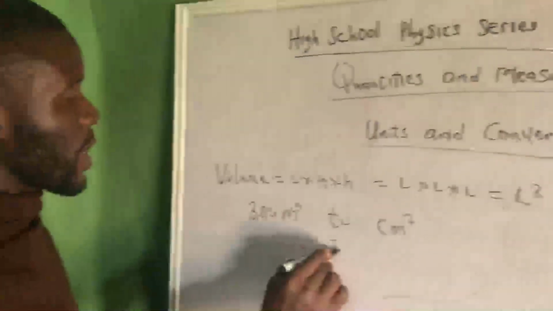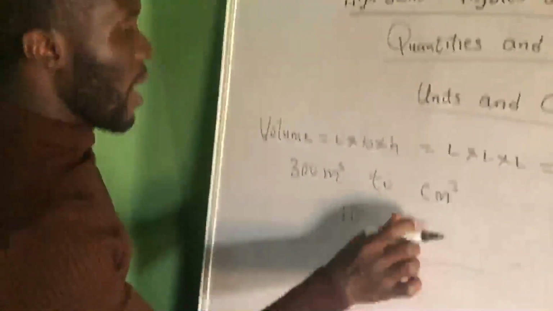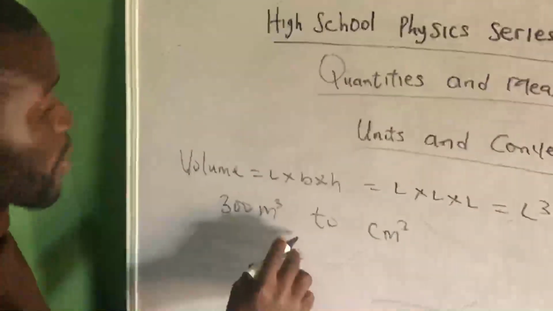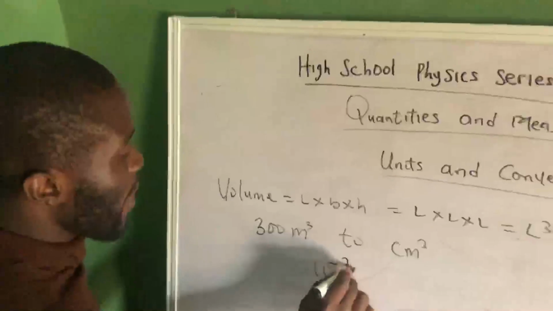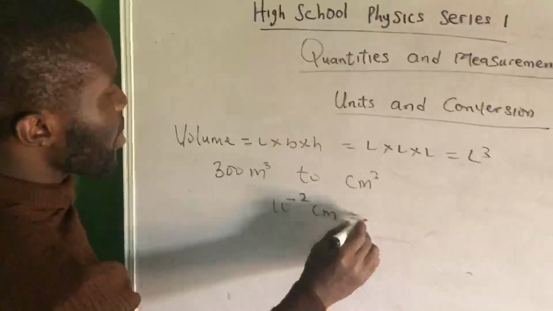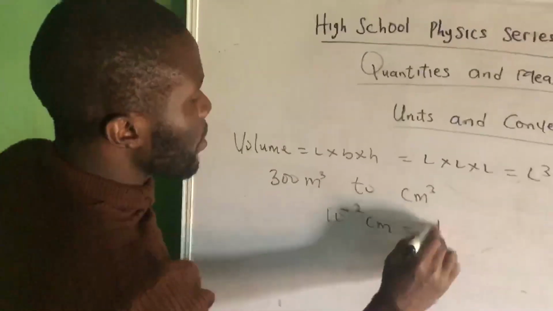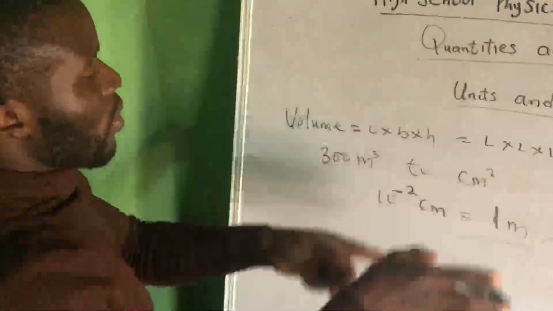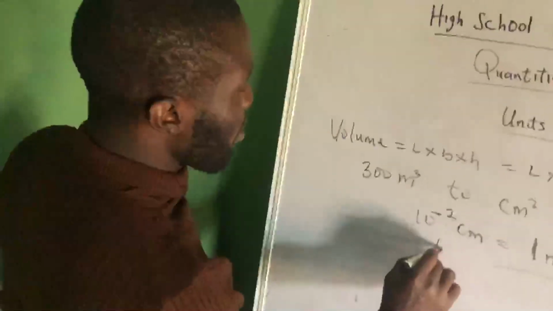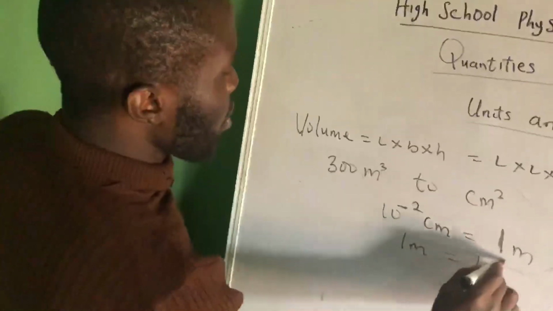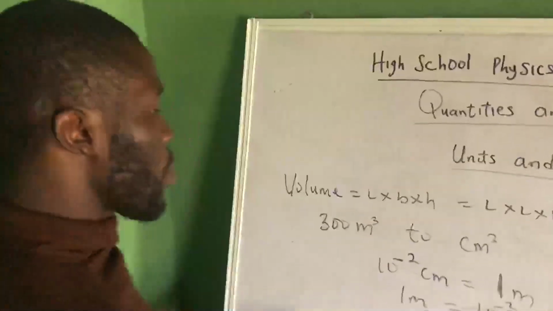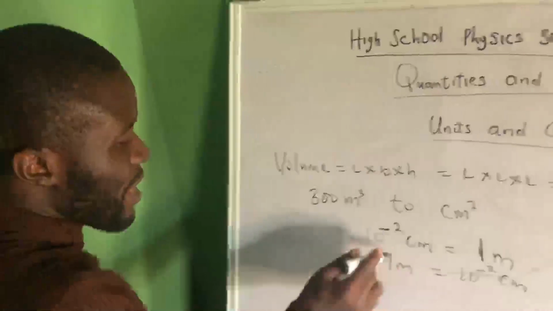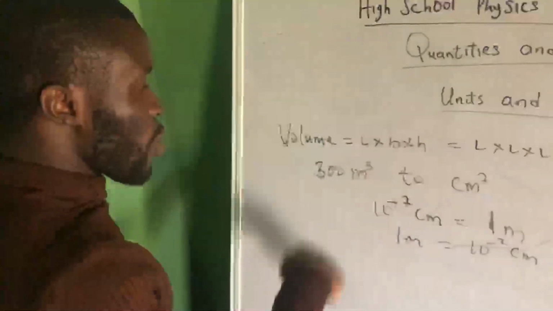We know that centi is 10 raised to the power minus 2, so 10 raised to the power minus 2 centimeter is the same thing as 1 meter. Since we want to convert meter to centimeter, 1 meter is the same thing as 10 raised to the power 2 centimeter. This is still length conversion. We have to change it to volume conversion.